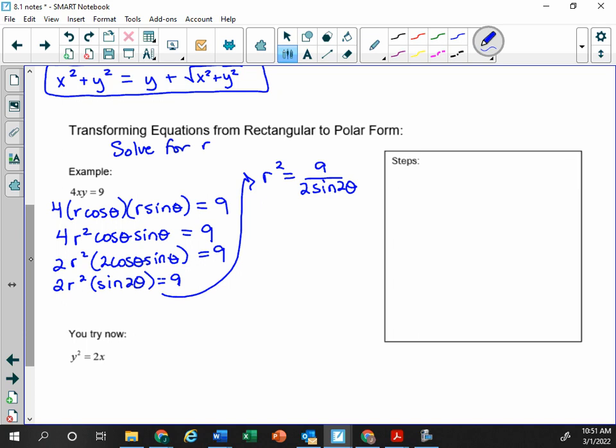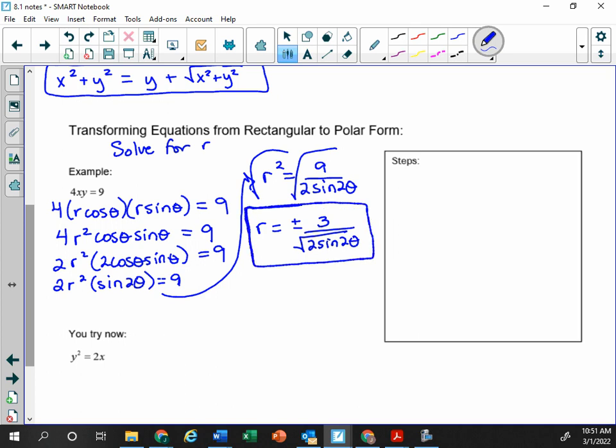And then how do I make it just r? Square root both sides, yep. You do need a plus or minus. What's the square root of 9? 3. And you do not have to rationalize this. You can leave it as square root of 2 sine of 2 theta in the denominator. Okay? That's your answer. Not pretty at all.